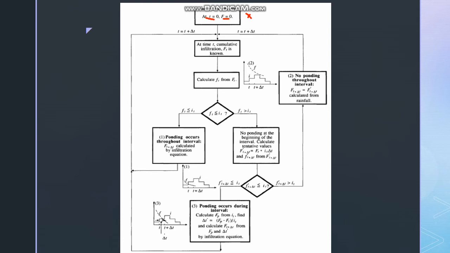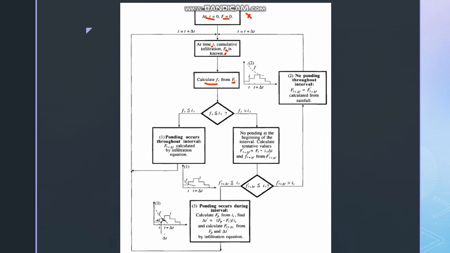Then we follow to the next step, where time is t and the cumulative infiltration Ft is known, which is given first. We are just going to calculate the infiltration rate, the derivative of cumulative infiltration, right?